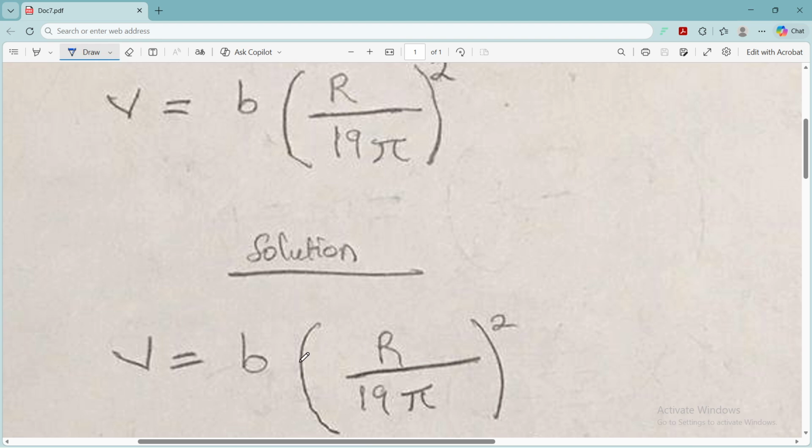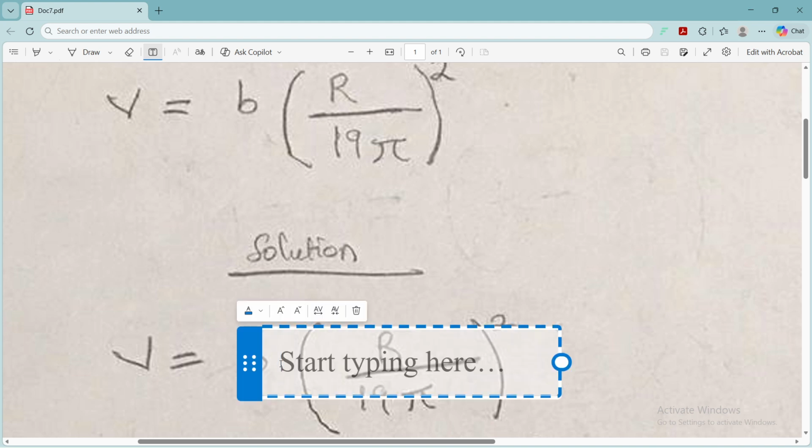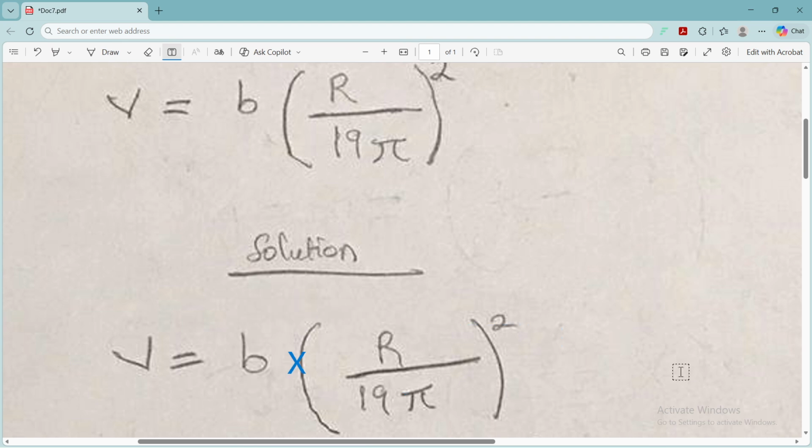So B is multiplying R, in brackets, the fraction R divided by 90 pi, bracket close square, right?